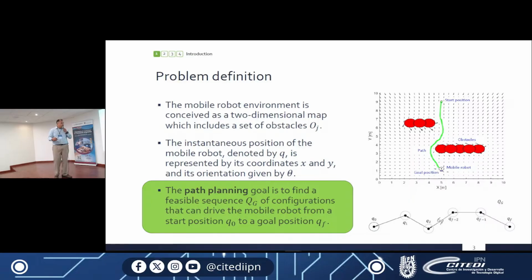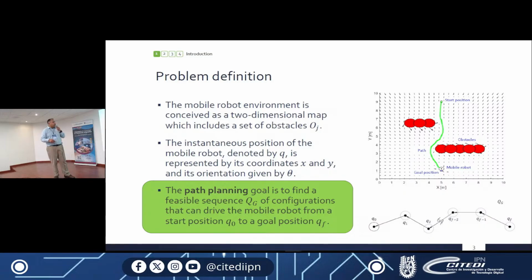And the main objective of this work. We are going to start with the definition of the path planning problem. The main goal is to drive the mobile robot from a start point to a goal point. So we start with a configuration of the environment.